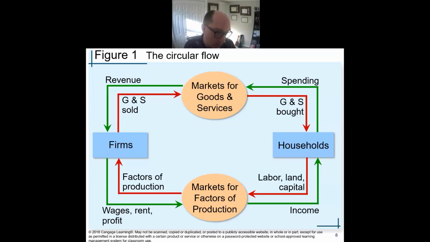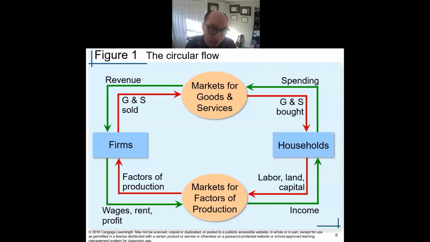Capital, that is physical cash that the company uses in order to purchase their raw materials and pay their various expenses. Those are all factors of production. The factors of production go into the company, the labor, the land, the capital, raw materials, things like that.